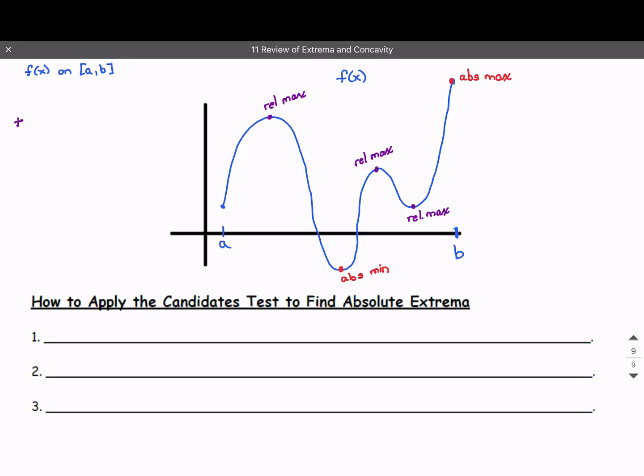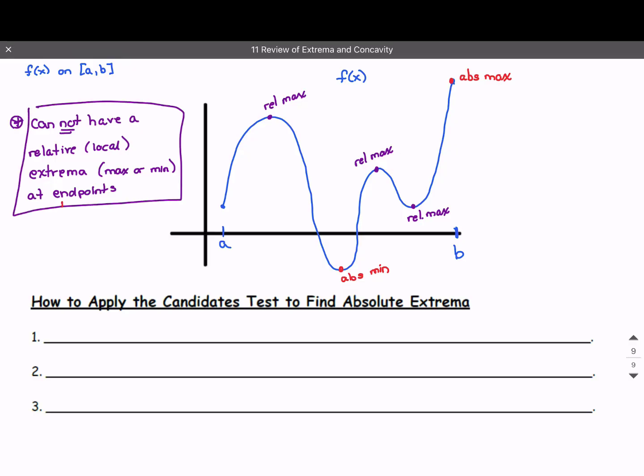That means that you cannot have a relative, or sometimes called a local, extrema, that means max or min, at the endpoints. You can only have absolute maxes and mins at endpoints.